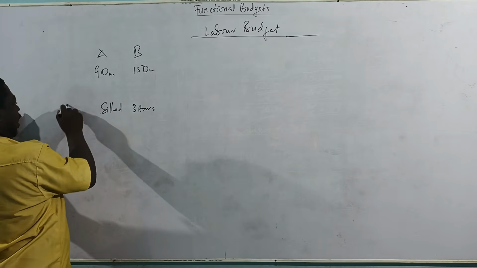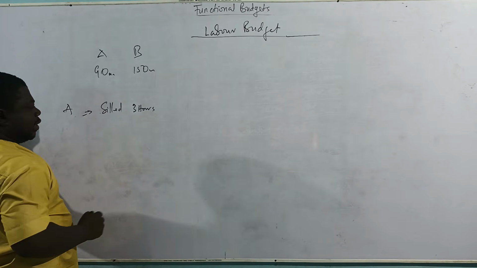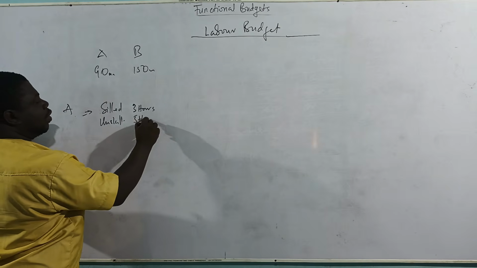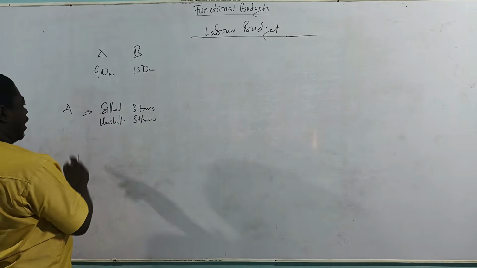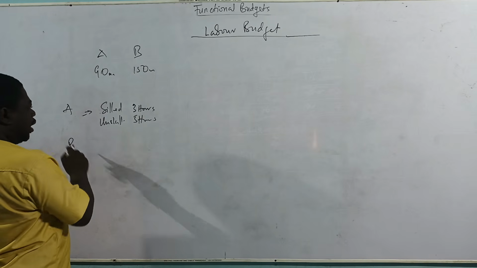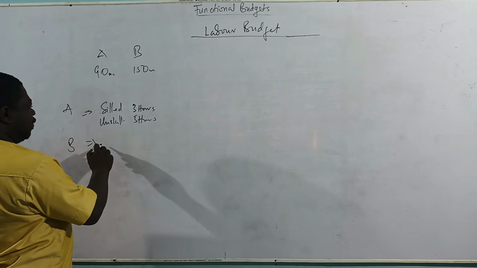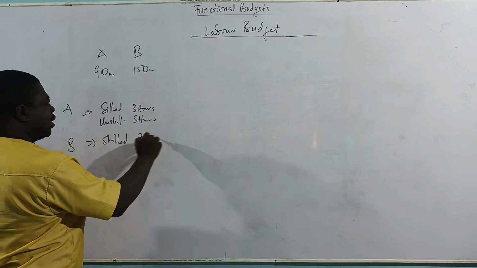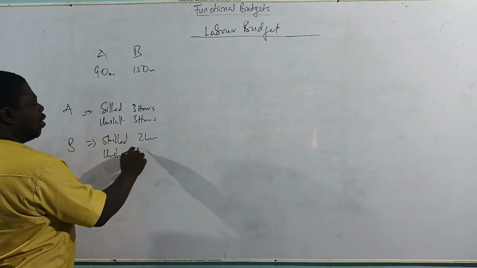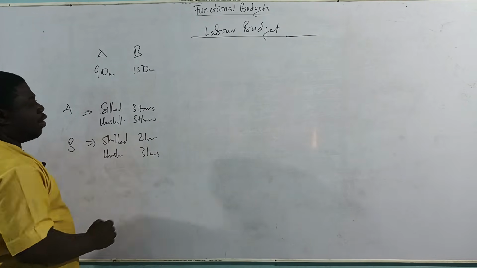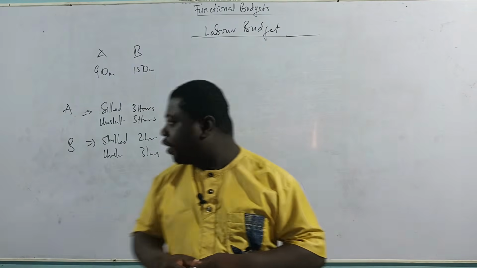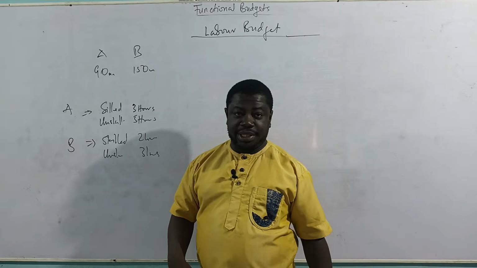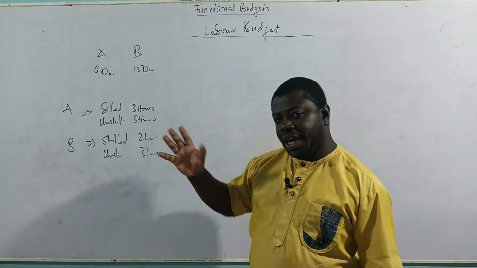Let's say product A requires 3 skilled labor hours, and unskilled, they require 5 hours for product A. And then for B, let's assume that B requires a skilled labor of 2 hours and then unskilled labor of, let's say, 3 hours. Now, this information will be given to you in the question. There are times it will not be skilled and unskilled, it will be department, okay? Or any other parameter.